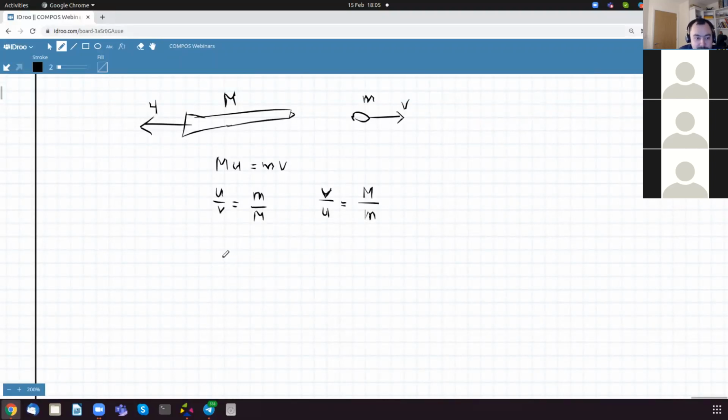But the key thing is that when we start to calculate kinetic energies, kinetic energy 1 is equal to 1/2 Mu squared, and kinetic energy 2 of the bullet is 1/2 mv squared, and you find the ratio, kinetic energy of the bullet divided by kinetic energy of the rifle, you get an interesting thing.